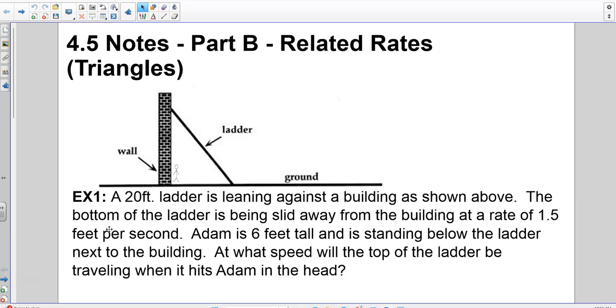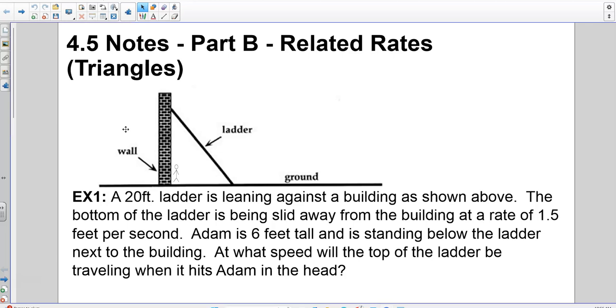But why do you need to know that? In my case, you need to know it because this ladder is going to hit Adam in the top of the head, and we want to know how fast it's going. From that, you could probably also calculate the force to see, is this a detrimental blow or should Adam be able to take it? Don't know. But we're about to find out.